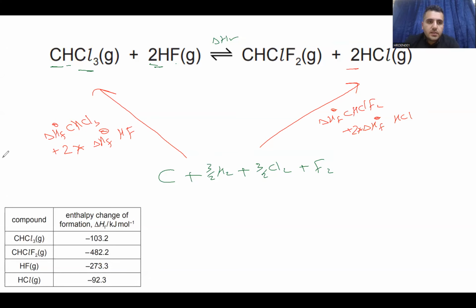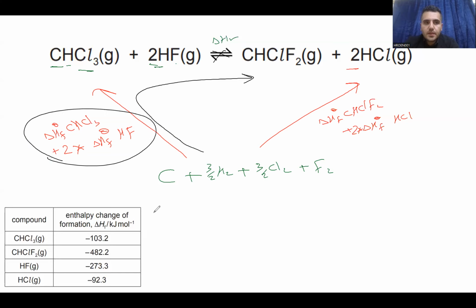As you see here, guys, 2 arrows are going the same direction. As I told you, don't panic because of the reversible reaction. 2 arrows going the same direction. So here we have to write this side plus delta HR, making it equal to this side.